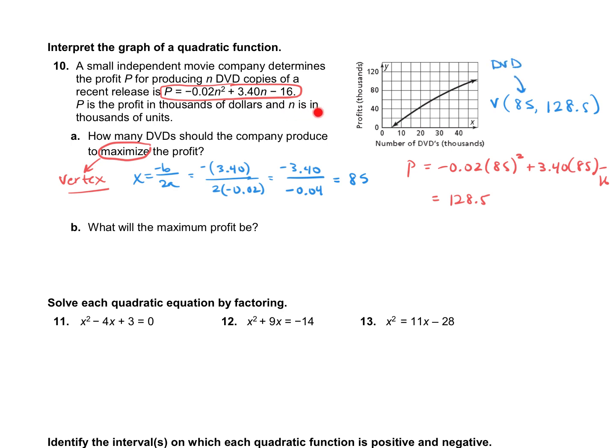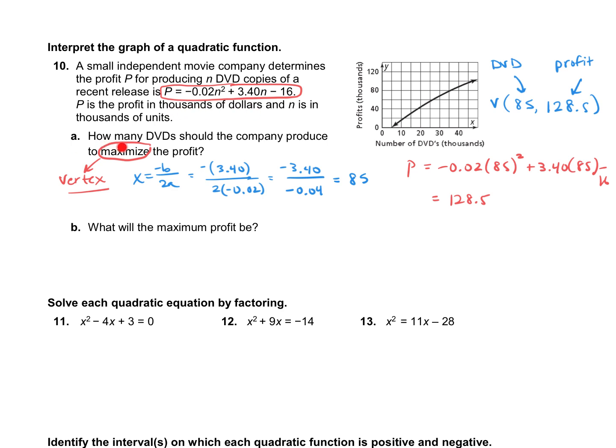Yeah, it says n is in thousands of units. So this is 85 or 85,000 DVDs. And then this 128.5, when we plugged in the 85 here, that's giving us a P, and that is our profit. And that profit is in thousands of dollars as well.